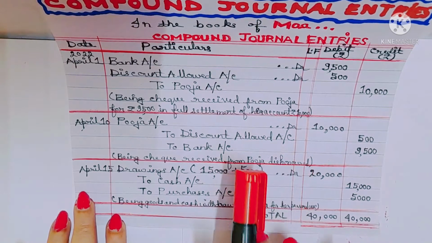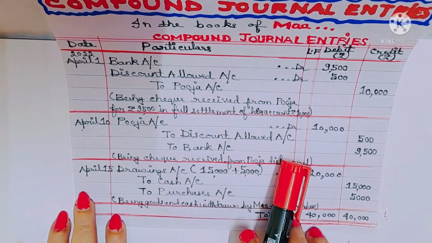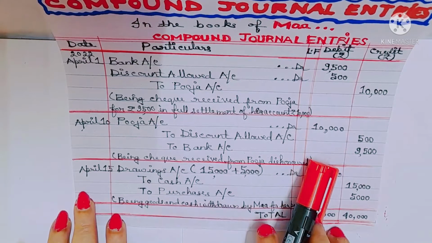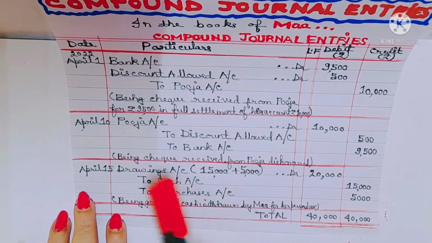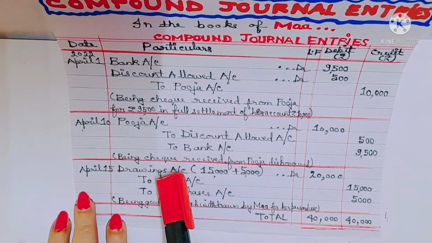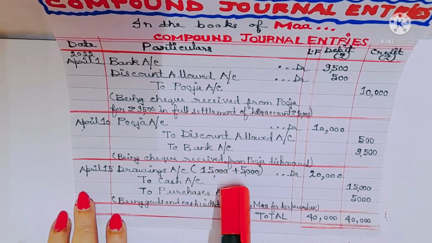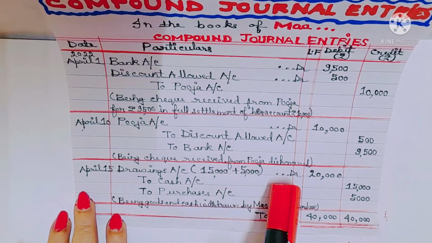Understood? If any amount of cash or goods is withdrawn by the proprietor for her personal use, it should be termed as drawings account, and drawings account should always be debited.